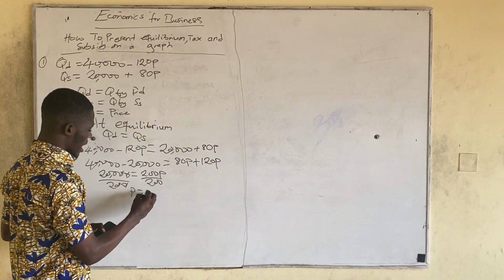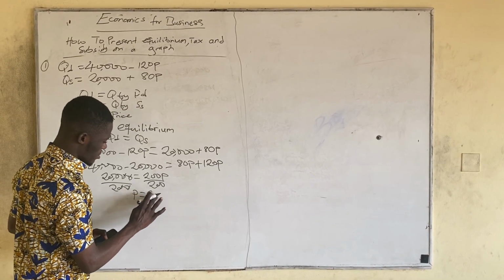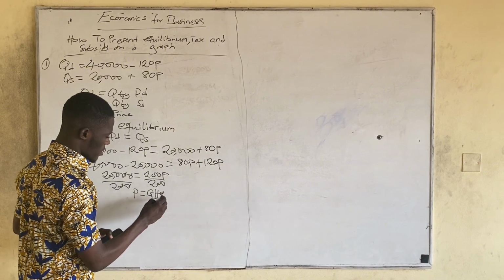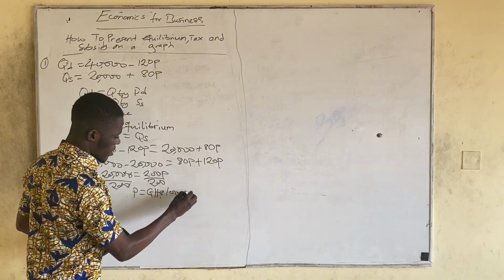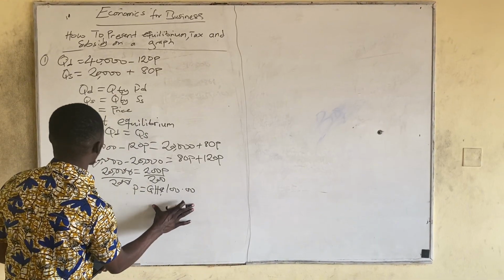So you get price to be 100 cedis. Now you have your price.